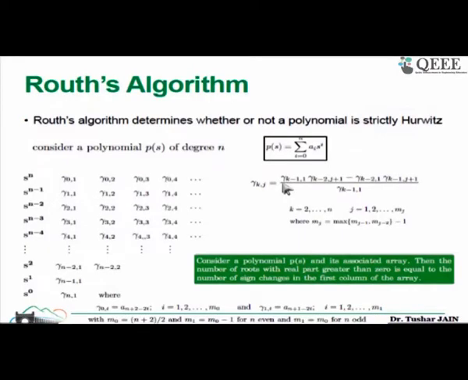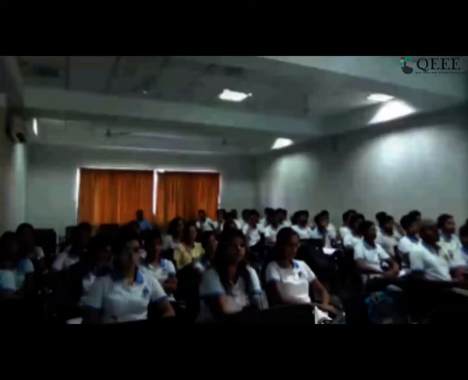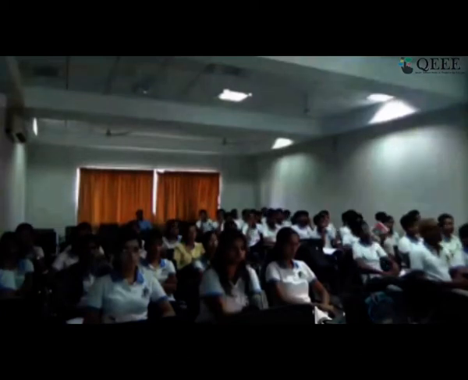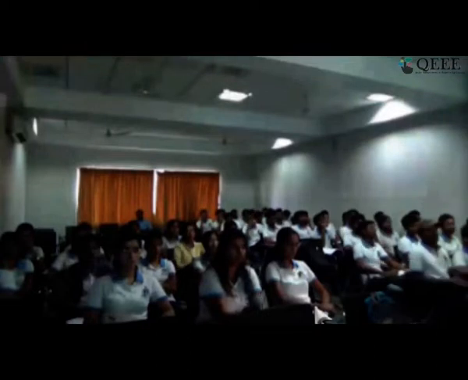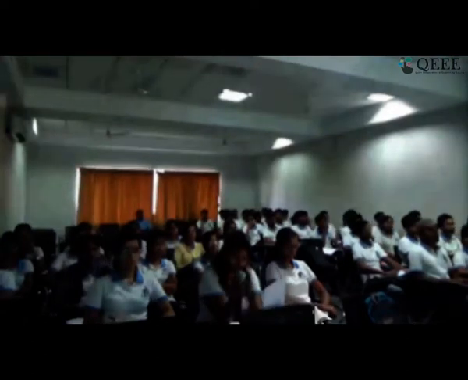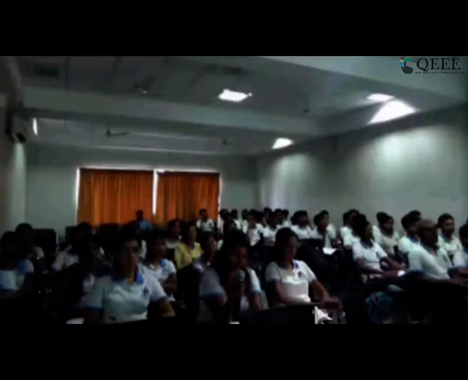Once you compute using the Routh array, if the whole polynomial is given to me with all the coefficients, I just need to see whether it is Hurwitz or not. So what we generally do is see the first column, the number of sign changes, and based on the sign changes, we say that the system is stable or unstable. For the marginally stable case, one of the roots has to be purely on the imaginary axis. So there we need to compute the roots.